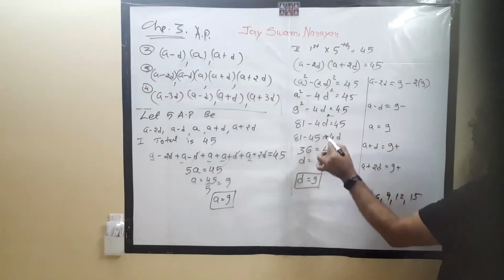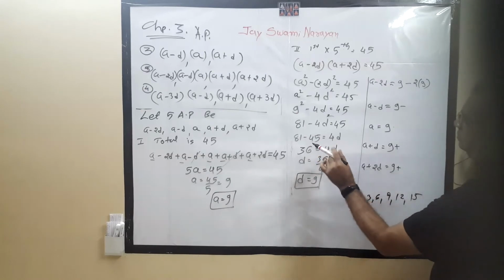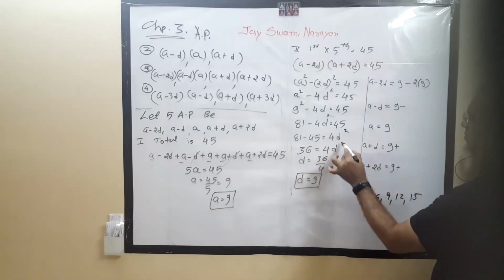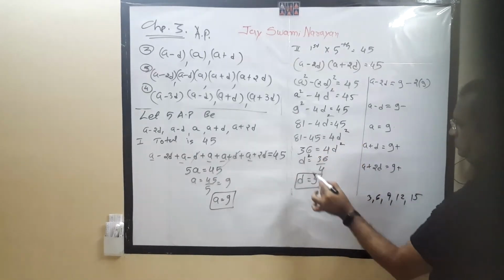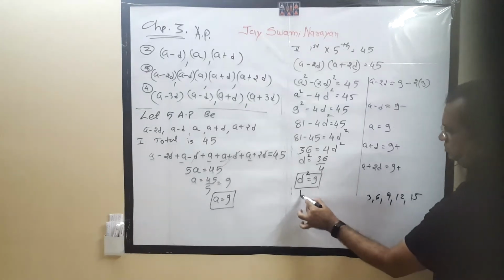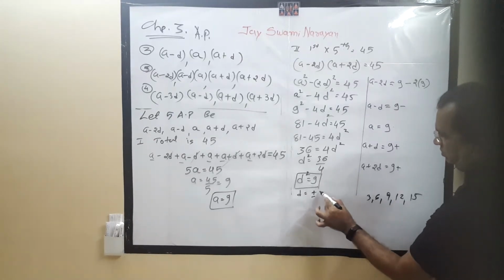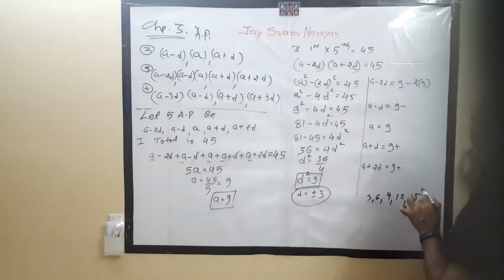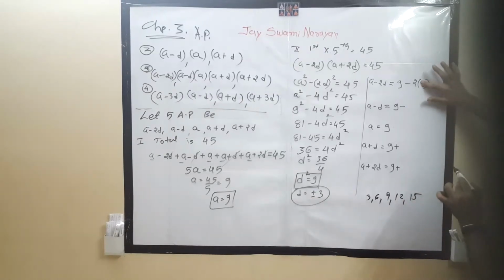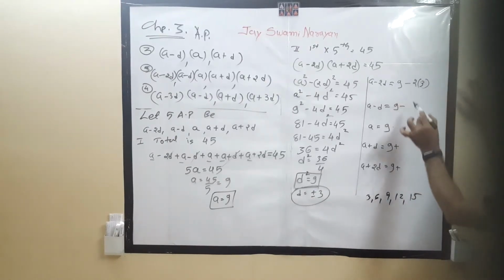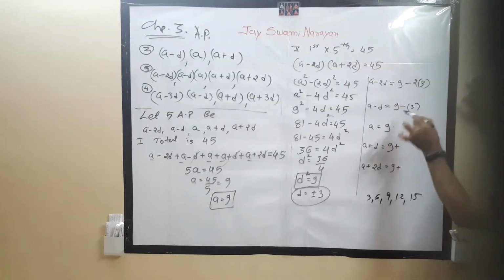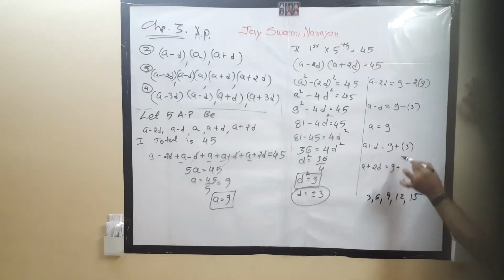Sorry, it is d square. D square is equal to 9. So d is equal to plus or minus 3. This is 3 only.